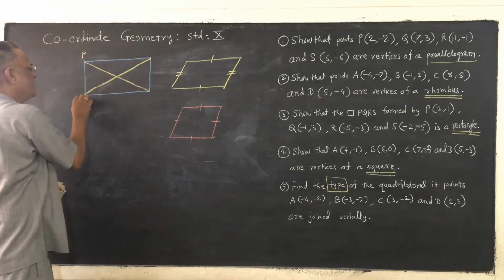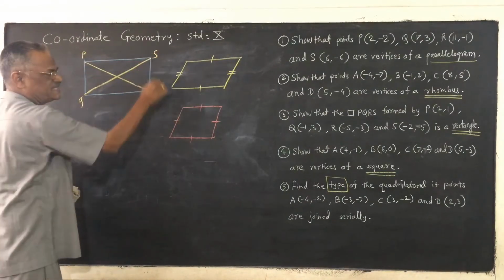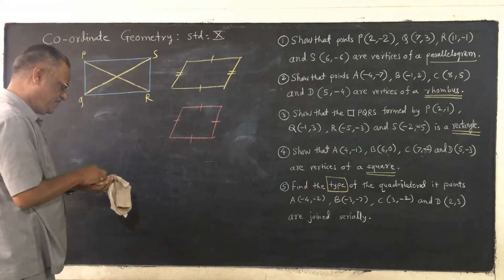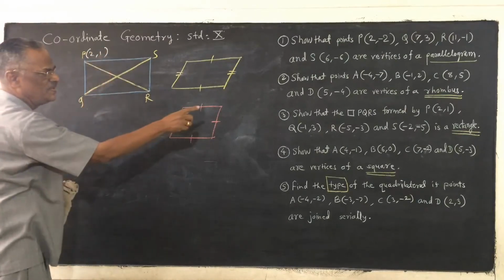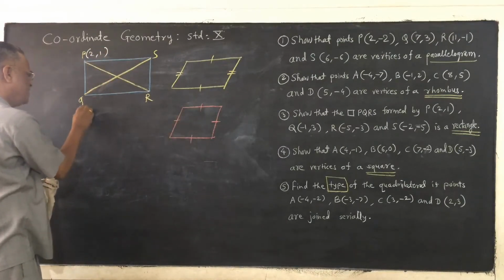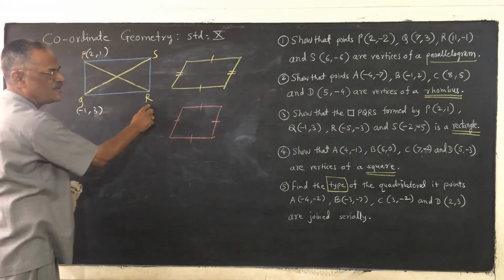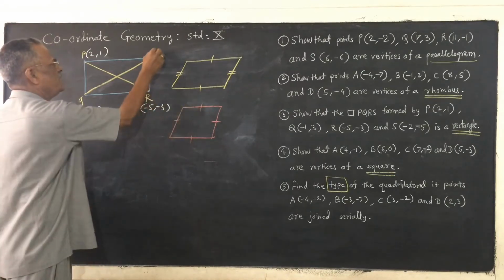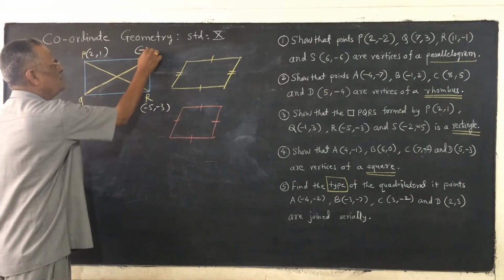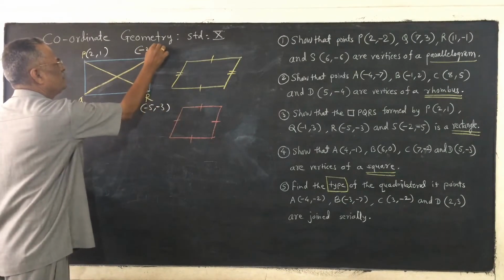Third example, what is that third example? P, Q, R, S. You can see that P coordinates are 2, 1, Q coordinates -1, 3, R coordinates -5, -3, and S coordinates -2, -5.